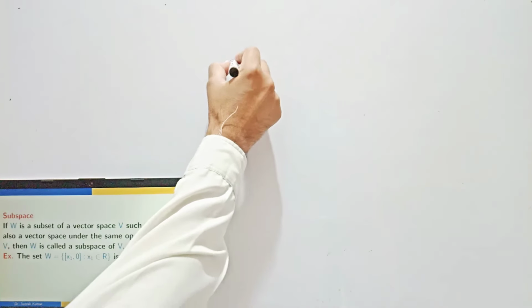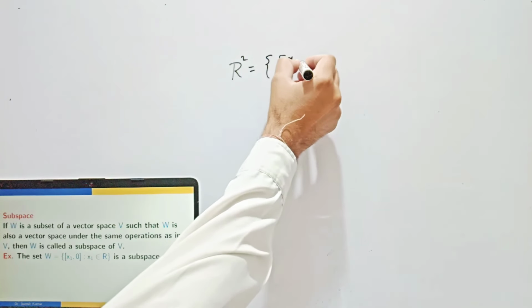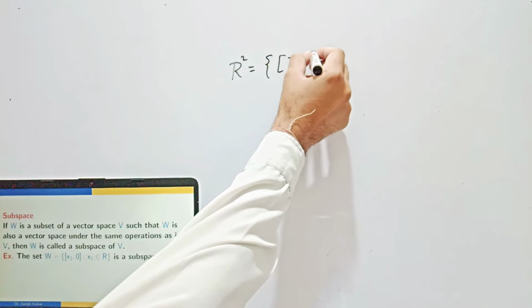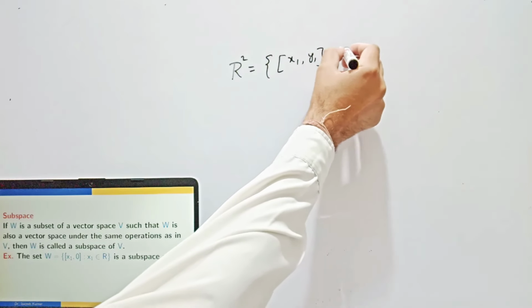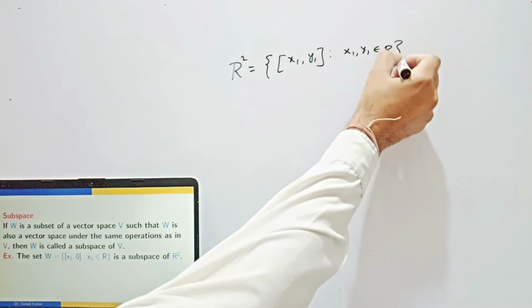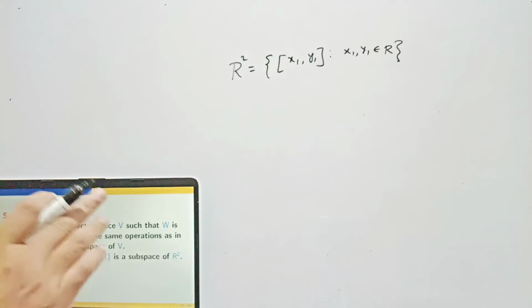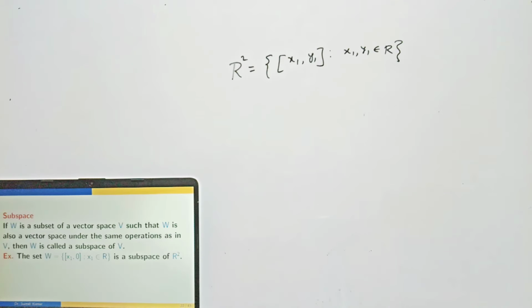In R2, what kind of entries are there? x1, x2 type or x1, y1 type, where x1, y1 are real numbers. Here the second entry is 0, so naturally W is a subset of R2. You can verify that all 10 properties are satisfied, so it is a vector space and a subspace of R2.